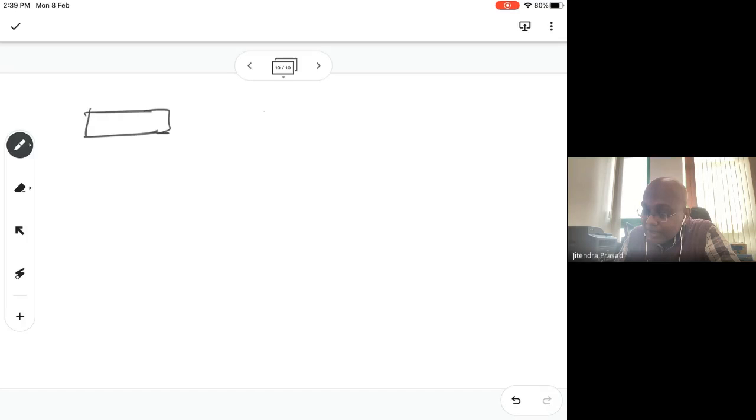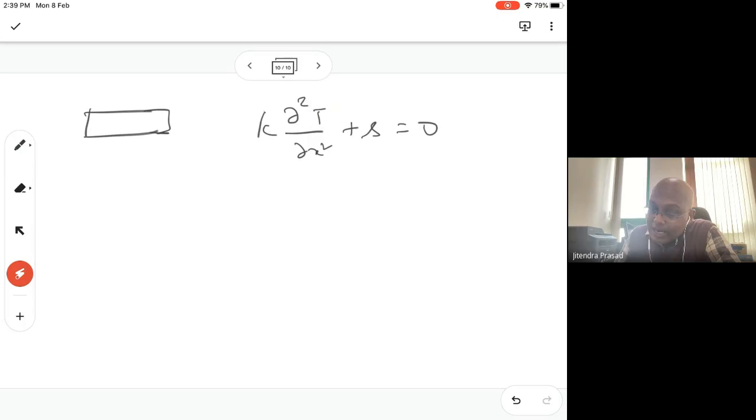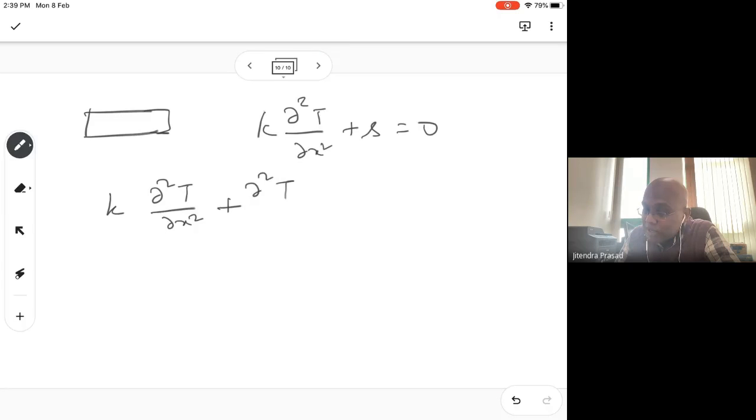In 1D, this will be k del square T del x square plus a is equal to this, where T is the temperature. In 2D, it could be something like this: del square T del x square plus del square T del y square plus del square T del z square plus some term will be 0, something like this.